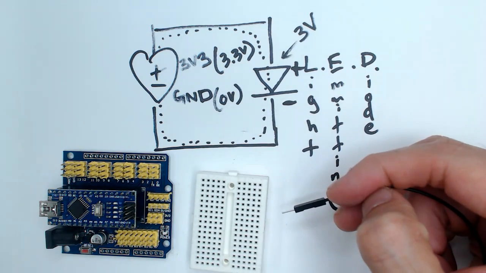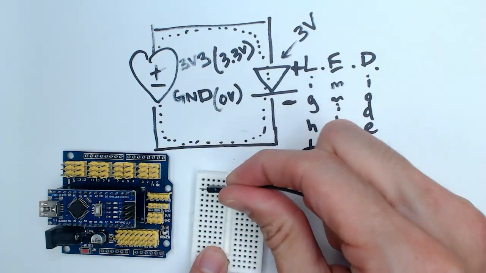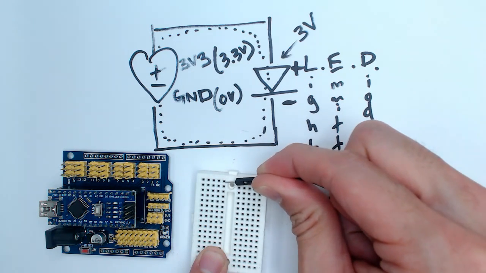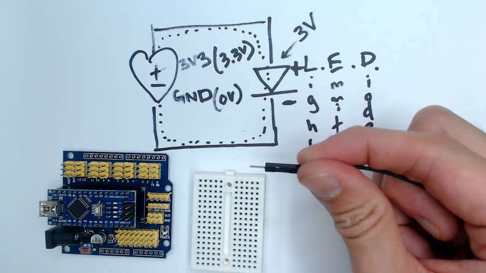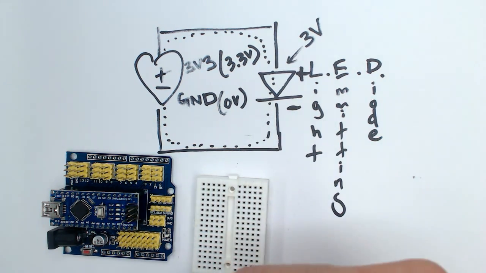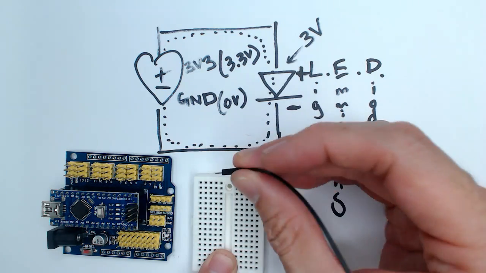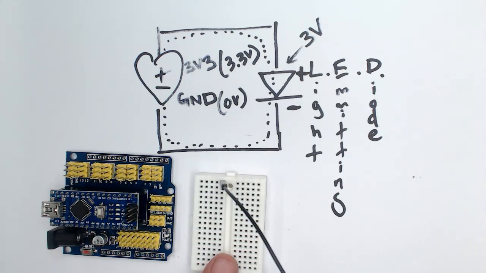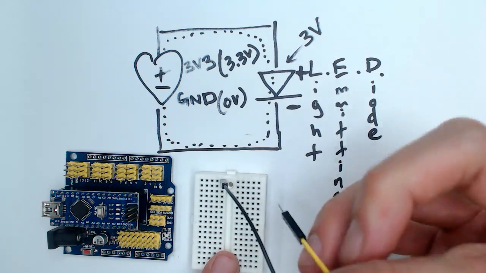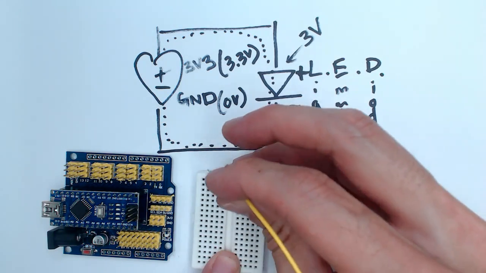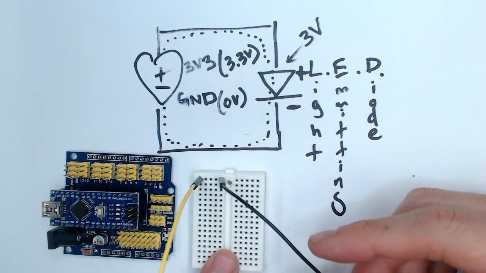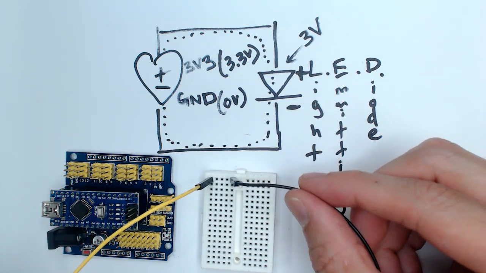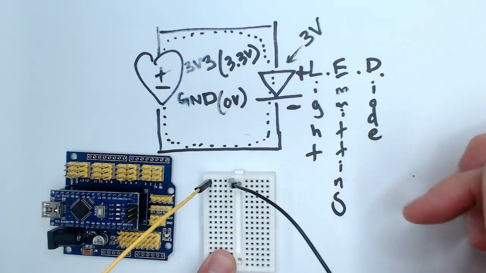Here's the thing about the breadboard, okay? Every group of 5 holes, like 1, 2, 3, 4, 5, these 5 holes, they are connected together. So what that means is if I put this into here, like the hole like this, and then I take like a yellow wire, and then I put it like there, because these 2 wires are in the same row, these 2 are connected.